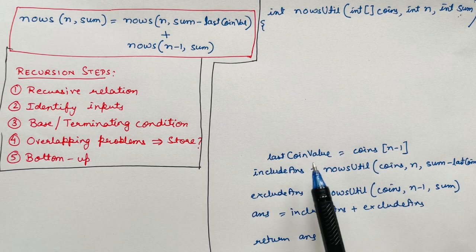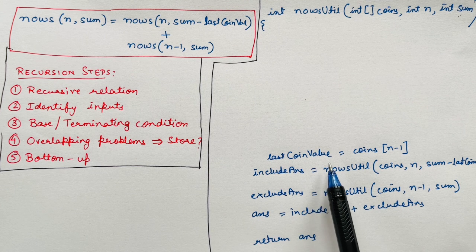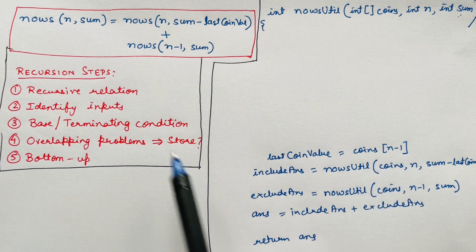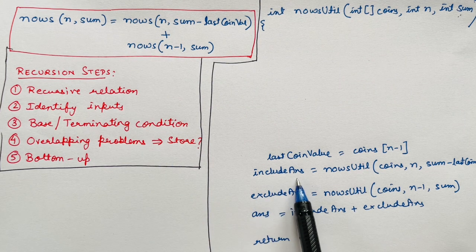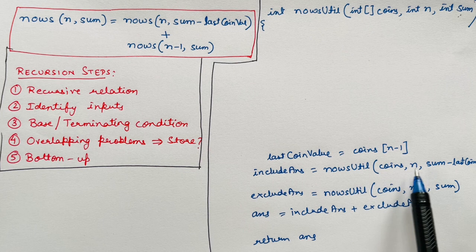So we clearly need the last coin value as per the recursive relation. And what will be the last coin value? It will be coins n minus 1. Now let us try to form what will be our include answer. Our include answer, where we include at least one last coin, will be NOWSUtil coins n sum minus last coin value.